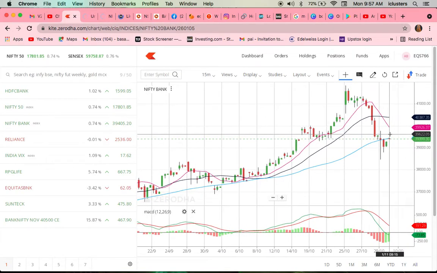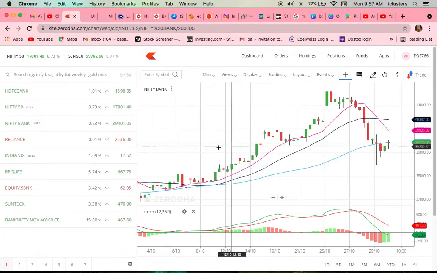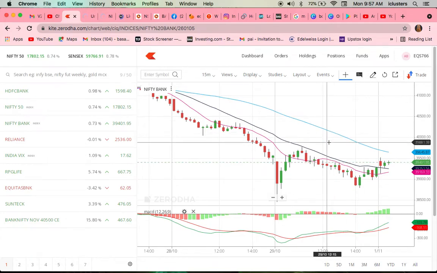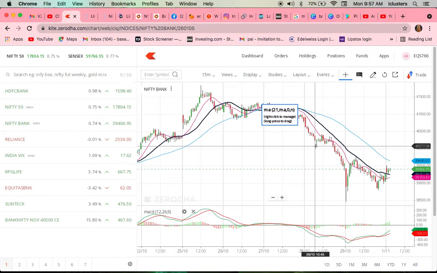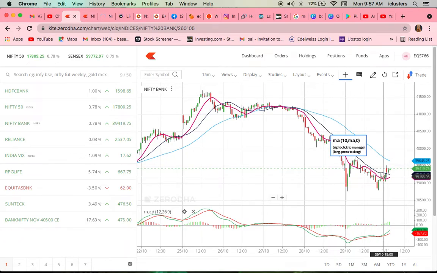This is a chart of 15 minutes, and we are going to see exactly. This is the exact downtrend.